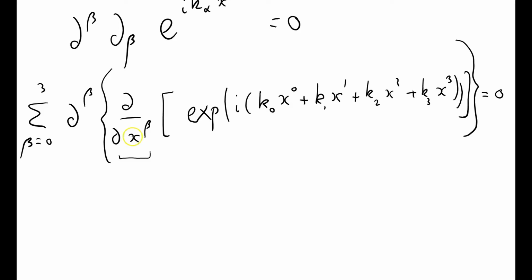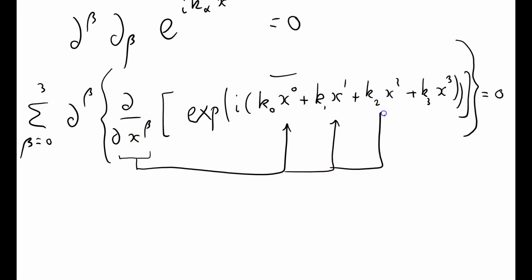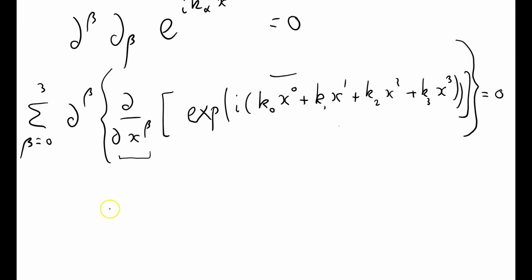As far as differentiating with respect to x^β is concerned, whatever beta is equal to, it just picks out that particular term. If beta equals 0, we get this term, and all the others are constant because it's a curly ∂. If we pick out beta equals 1, we get this term. If we pick out beta equals 2, we get that. If we pick out beta equals 3, we get that. So the ∂ by ∂x^β picks out just that component.